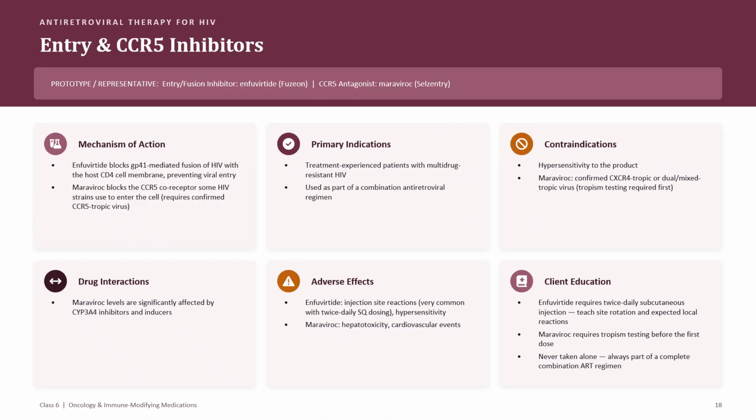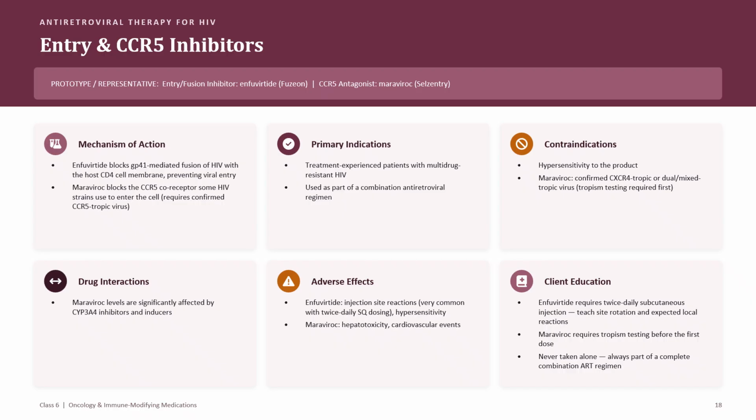So the entry and CCR5 inhibitors. I'm going to try to move through the medication classes in the order that they invade the cell. The first step is infection. The virus has to physically get inside the CD4 cell.